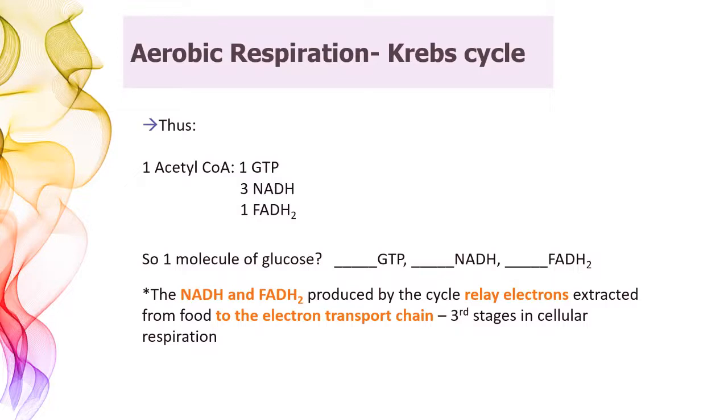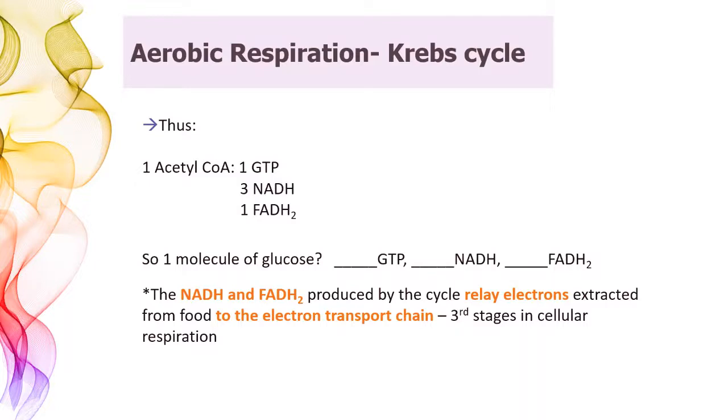So you must remember correctly that from glycolysis, from 1 molecule of glucose, there will be 2 molecules of pyruvate produced, and this pyruvate will enter the link reaction and produce acetyl-CoA. So there will be 2 acetyl-CoA by the end of the link reaction, and these 2 acetyl-CoA will then enter the Krebs cycle.